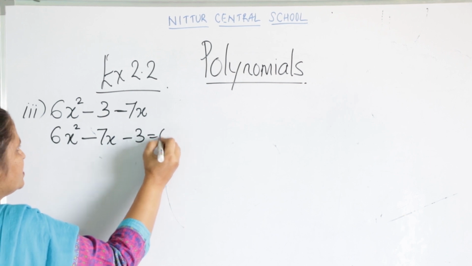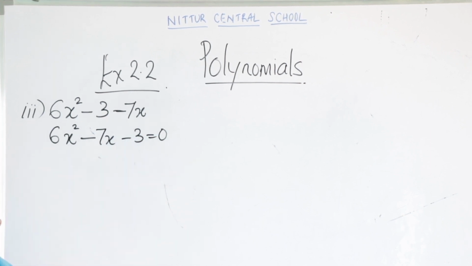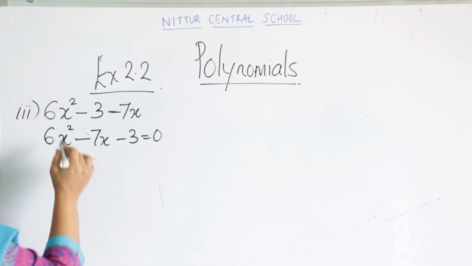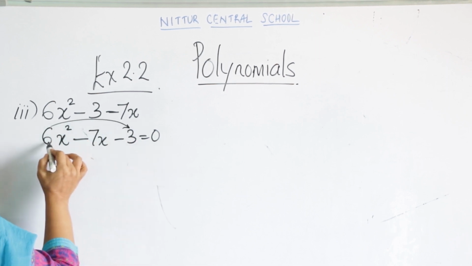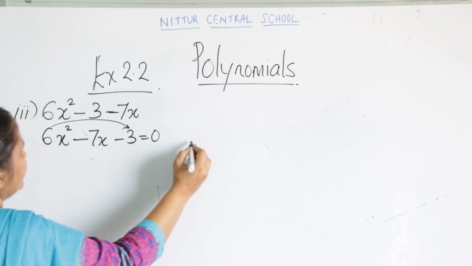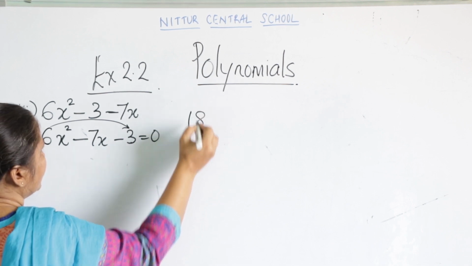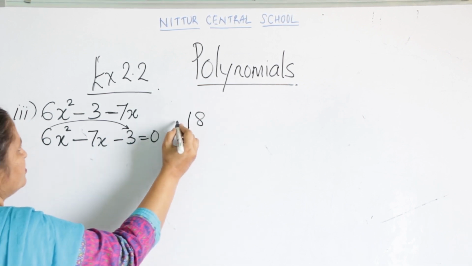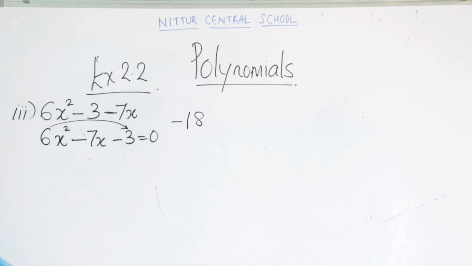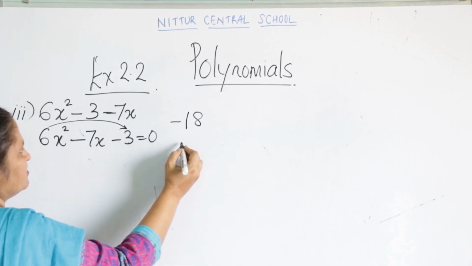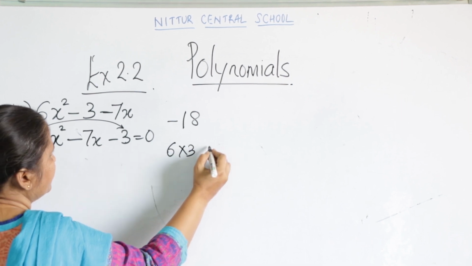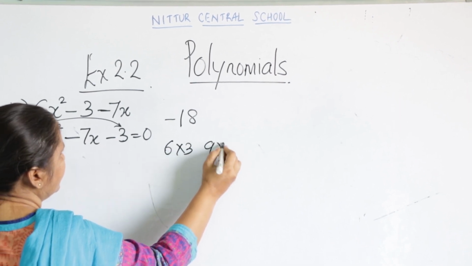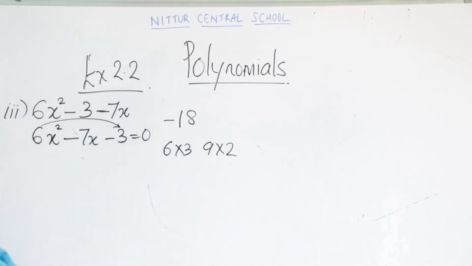Now your equation is ready for finding zeros. Right? So as we have discussed for the earlier problems, multiply 6 and 3, you will get 18 as product, and that too we need minus 18. Now what are the factors of 18? Now 6 and 3, then we can take 9 and 2, right?